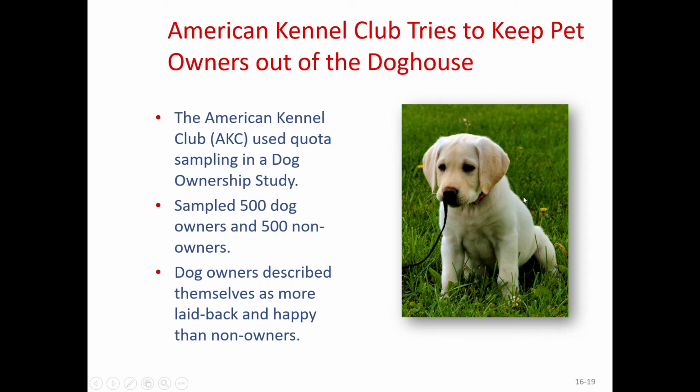The example of quota sampling: the American Kennel Club tries to keep pet owners out of the doghouse, and they organize a group dedicated to promoting purebred dogs, their health and well-being as family companions. The objective of the survey is to help dog owners understand the concerns of their neighbors so that they can provide better education on responsible dog ownership and contribute to community harmony.